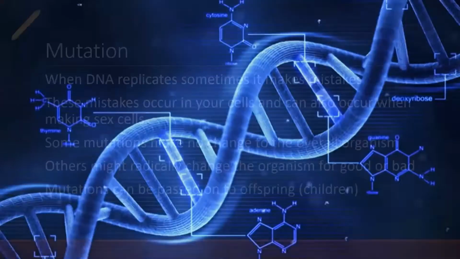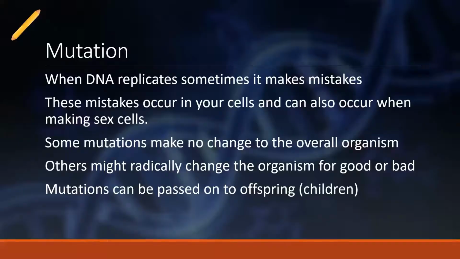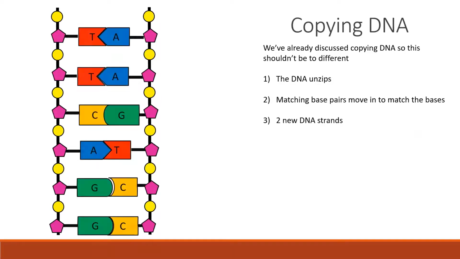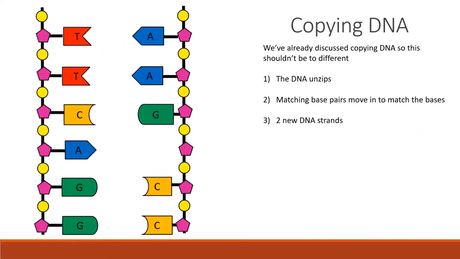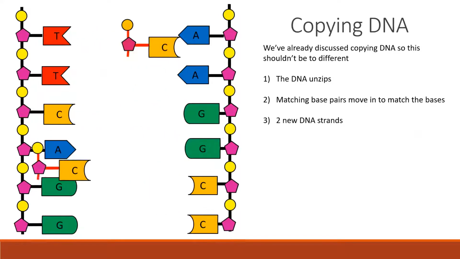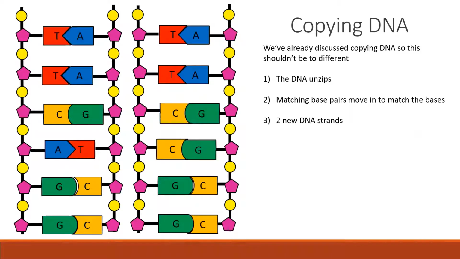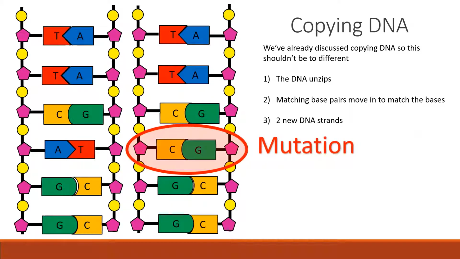And then we discussed mutation. Mutation is when something goes wrong in your copying process, and so therefore your new copy is not the same as the original. Now, this mutation, I didn't really quite go into a lot of detail.